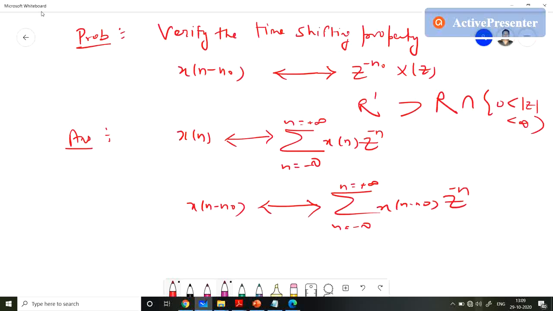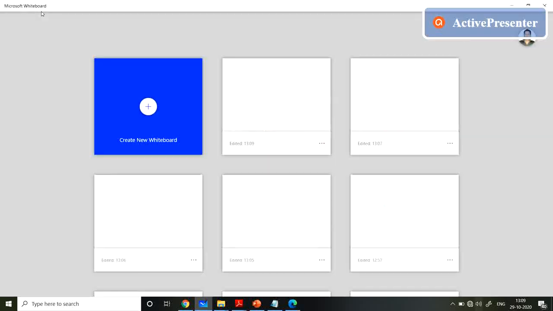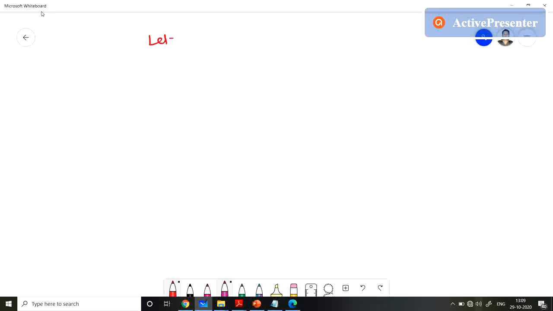So let n minus n0 equal k, then what we will get? We will get x[k] z raised to the power minus, instead of n, k plus n0. The summation limits, upper and lower, will be the same.